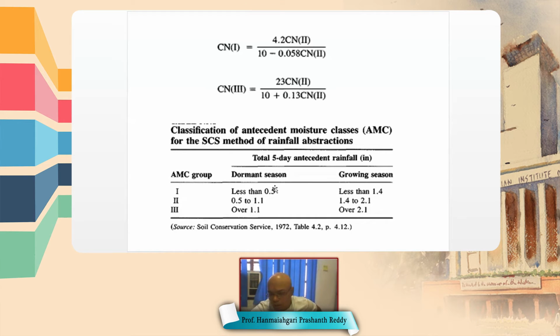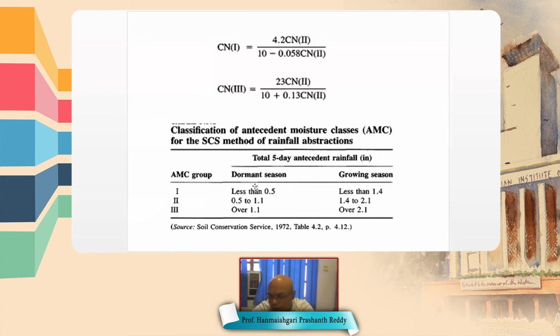So in dormant season, depending upon the rainfall during the dormant and growing seasons, that land can be classified as either 1, 2, 3. So dormant season is pre-harvest season, and growing season is where the crop grows rapidly.